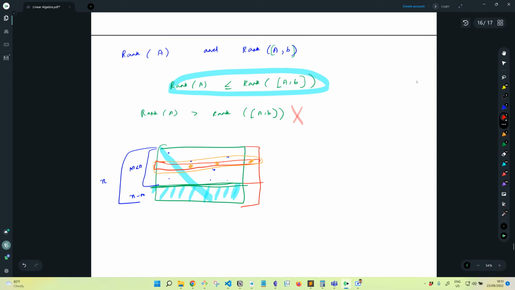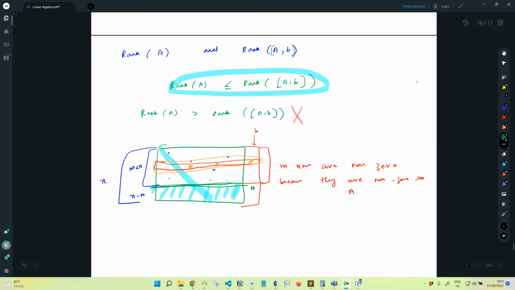Yes, sir. So that is why, in A comma B also, because you're just appending b as a column, the first m rows are going to be non-zero, because they are anyway non-zero in A. Now let us see what will happen to the remaining n minus m rows.